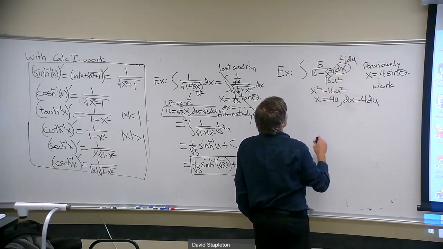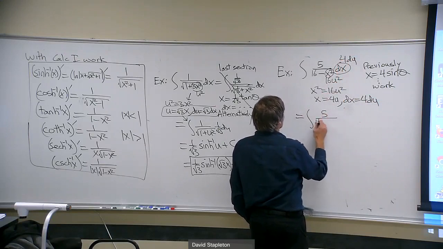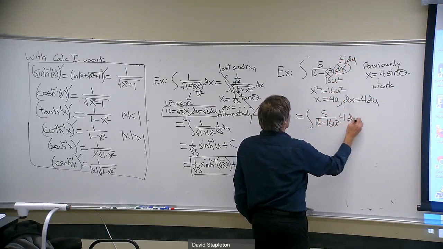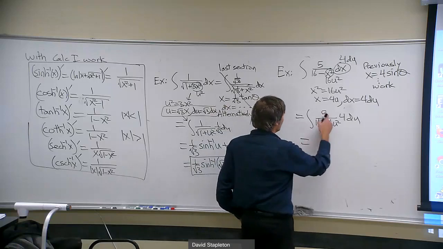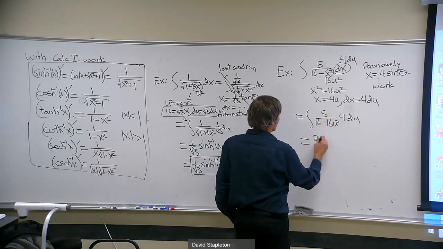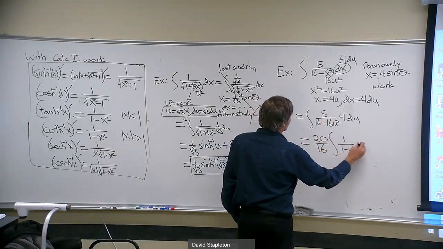x squared I'll scratch out and put 16u squared, and this becomes the integral of 5 over 16 minus 16u squared, times 4 du. Now I'll just pull all those ugly constants out of there, right? 5 times 4 is 20 over 16, which I can factor out of the bottom, times the integral of 1 over 1 minus u squared du.